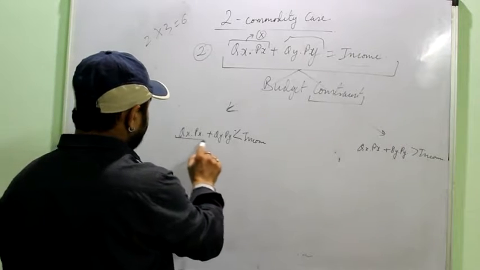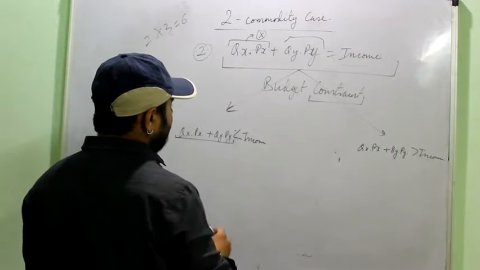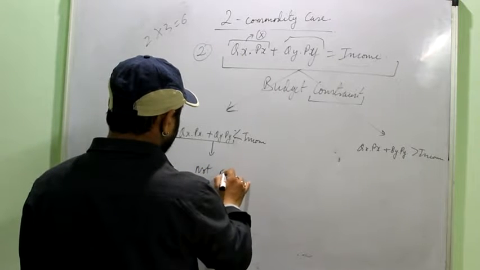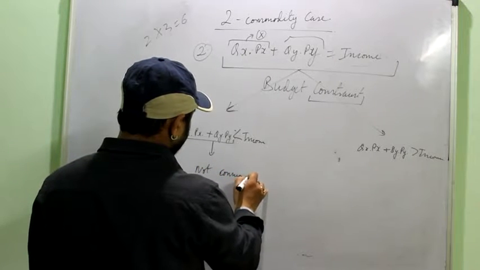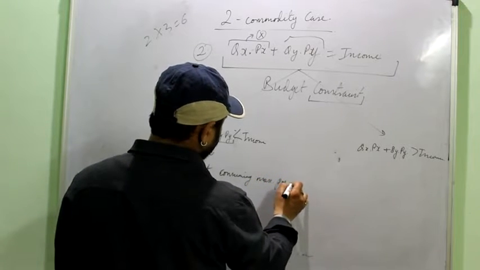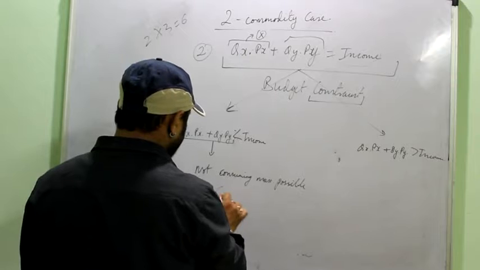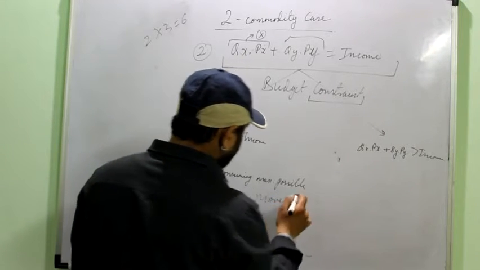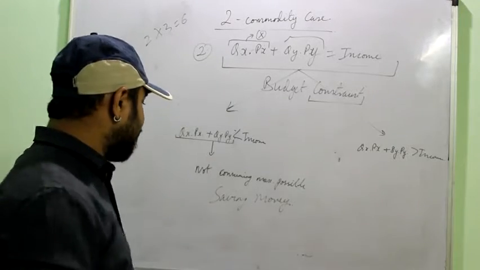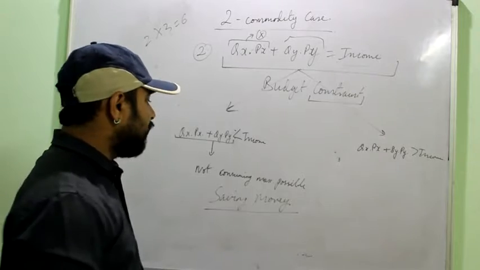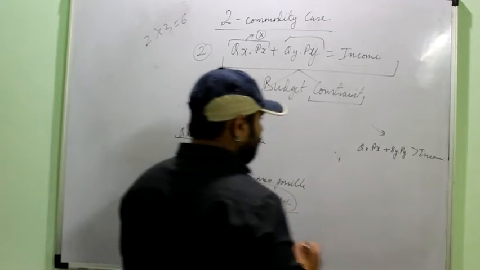This says that the total money spent is less than the income. It means that the consumer is not consuming the maximum possible, or rather he is saving the money. And in consumer equilibrium, in the beginning we said that money should not be saved because it itself doesn't have any utility, it cannot give you any satisfaction.